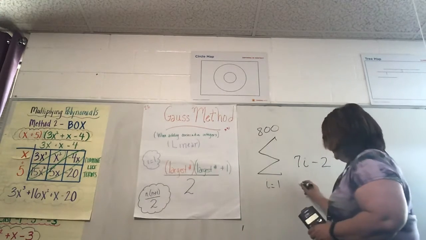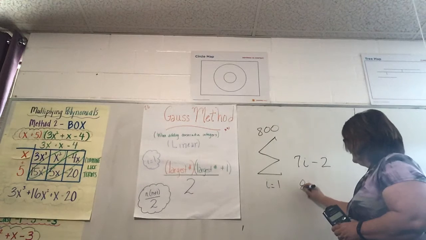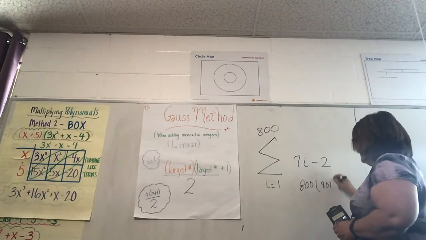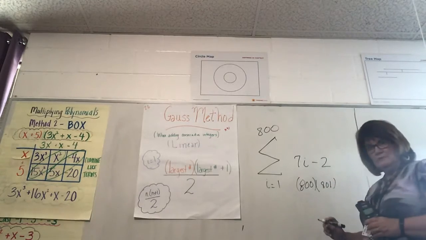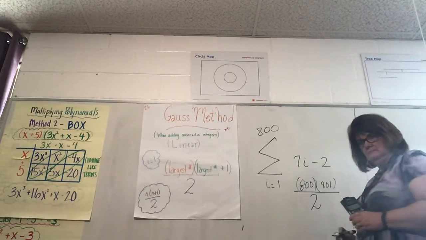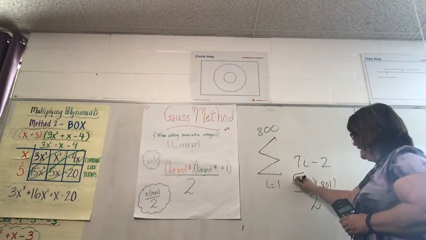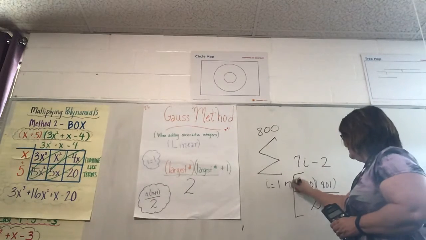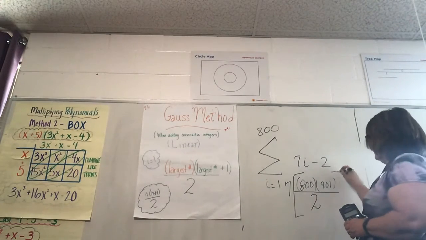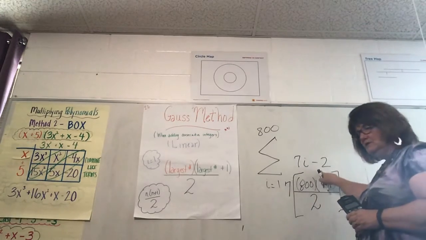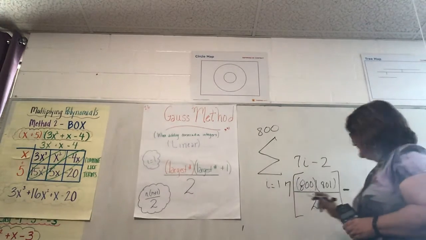So in this particular problem, it would be 800 times 801. Those two numbers are being multiplied together, divided by 2. That only takes care of the i, so we're going to multiply that times 7. And then we're going to subtract. Be careful, we're not subtracting 2, we're subtracting 1,600.